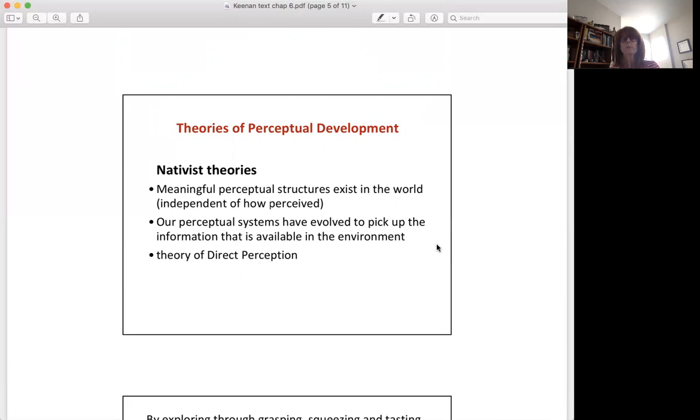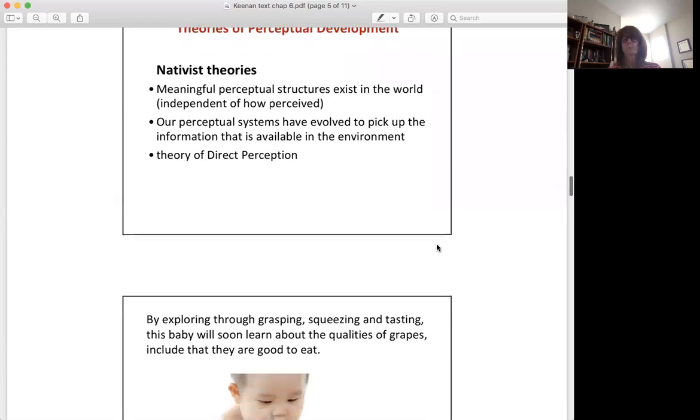And that our perceptual systems have evolved over time to pick up information that's available. It's called the theory of direct perception, and make sure that you take the time to really learn some of that that's outlined in the book.